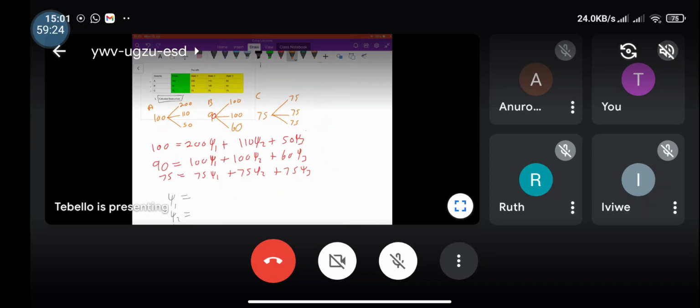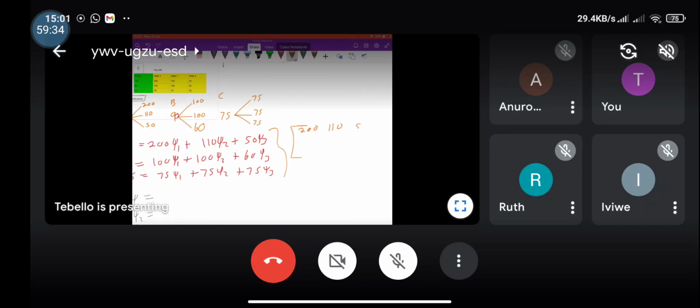Because it's too long, I can reduce it into a matrix. I can write it in matrix form: 200, 110, 50, 100, 100, 60, 75, 75, 75, 100, 100, 90 and 75.